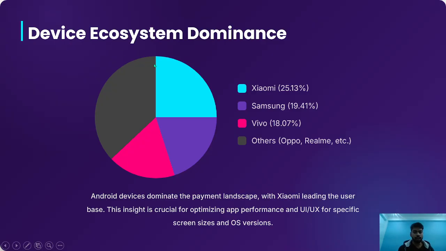If we look at the device ecosystem, we can see Xiaomi holds almost one fourth of the total. As we can see, 25.13% of transactions are done through Xiaomi mobiles, followed by Samsung, Vivo, and others.